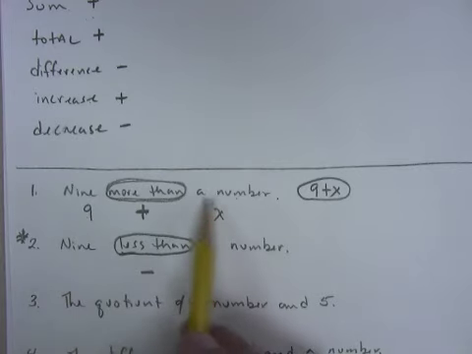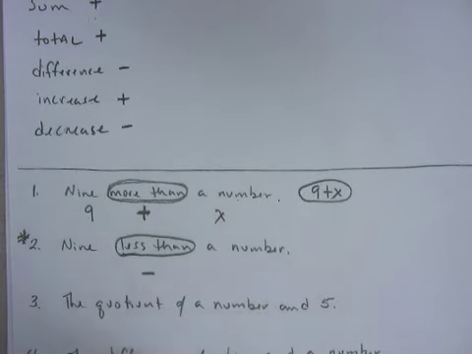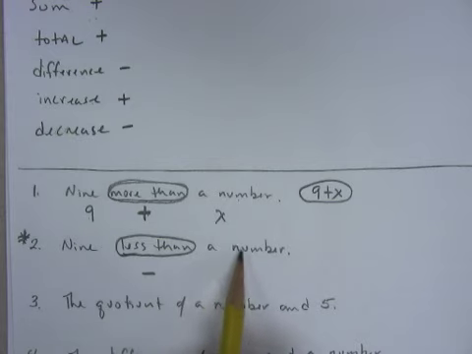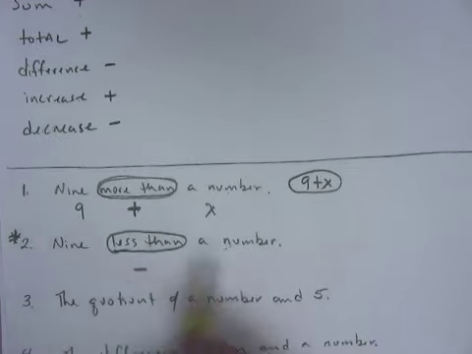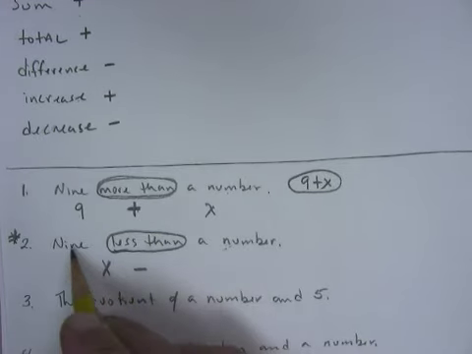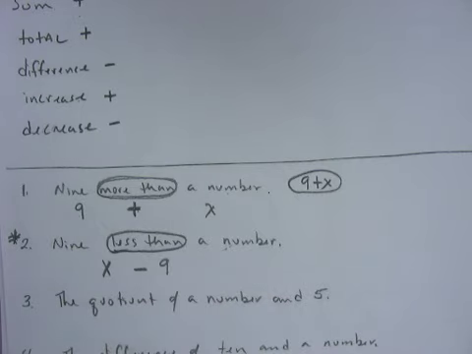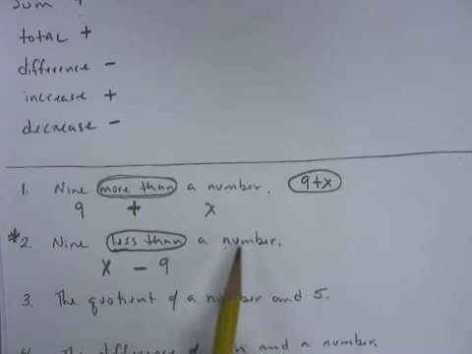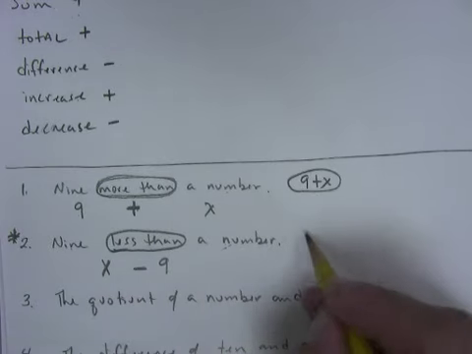If the number is written last, we write the x last. But when you're dealing with less than, everything's flip-flopped. So the number comes first, and the 9 comes second. 9 less than a number, you have to actually take the number and subtract off 9. So this one's going to be x minus 9.